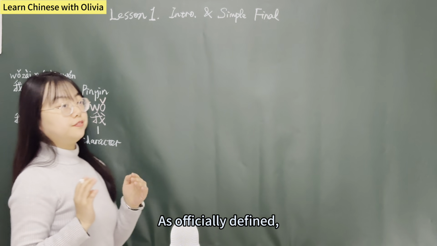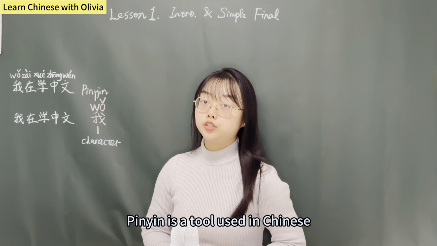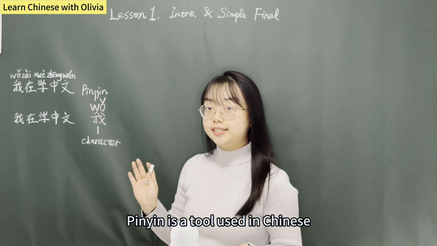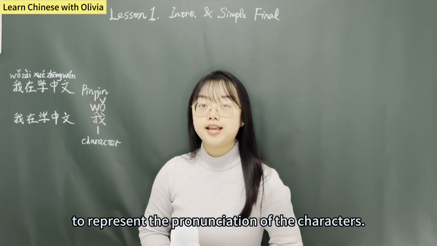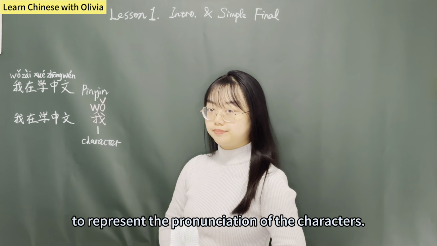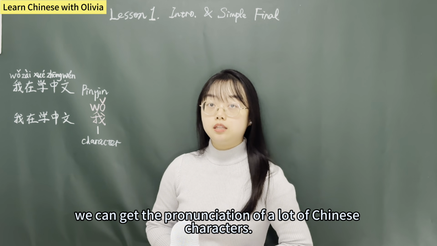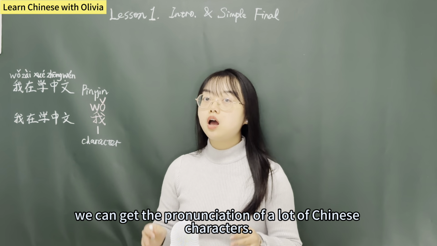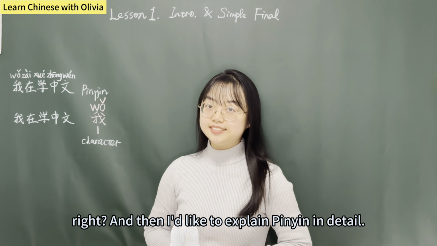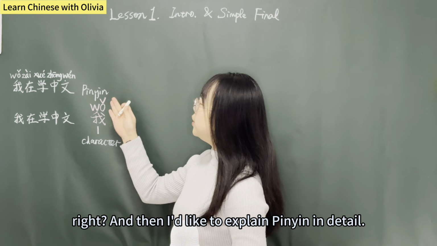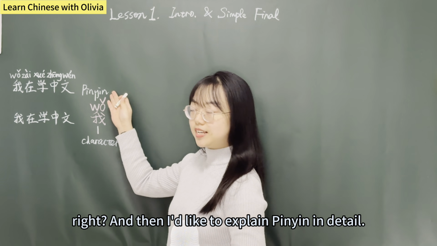As officially defined, Pinyin is a tool used in Chinese to represent the pronunciation of the characters. So if we can read Pinyin well, we can get the pronunciation of a lot of Chinese characters, right? And then I'd like to explain Pinyin in detail.